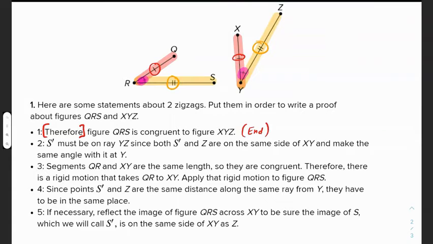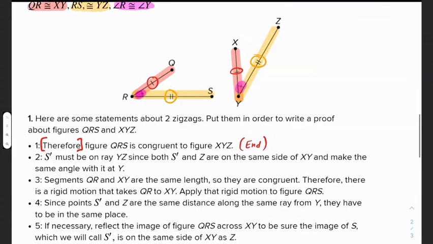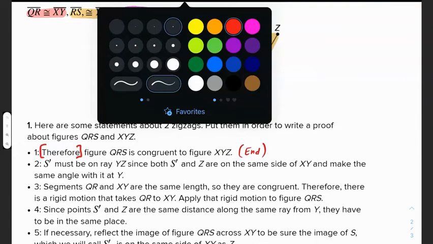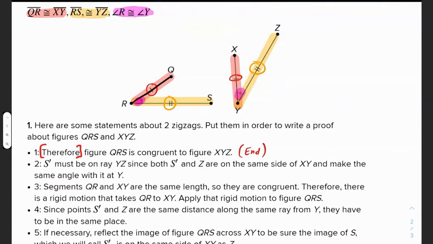All right, so let's see. Number 2 says S prime. Oh, wow, S prime. As you can see, there is no S prime right now. S prime would come in probably later after you do some kind of transformation. So let me explain. Here's S prime, here's Q prime, here's R prime.